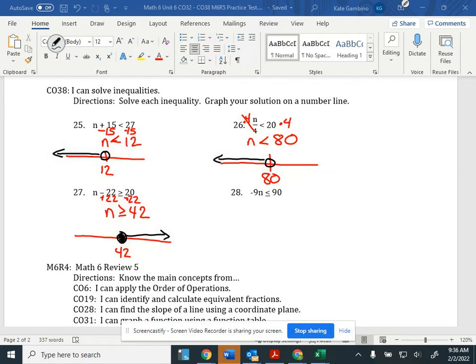Look at 28. Nick, how do I solve that? So negative 9n is less than or equal to 90. Sweetheart, we have to solve it. So we have to get n by itself. So if it's negative 9n, what's the opposite?